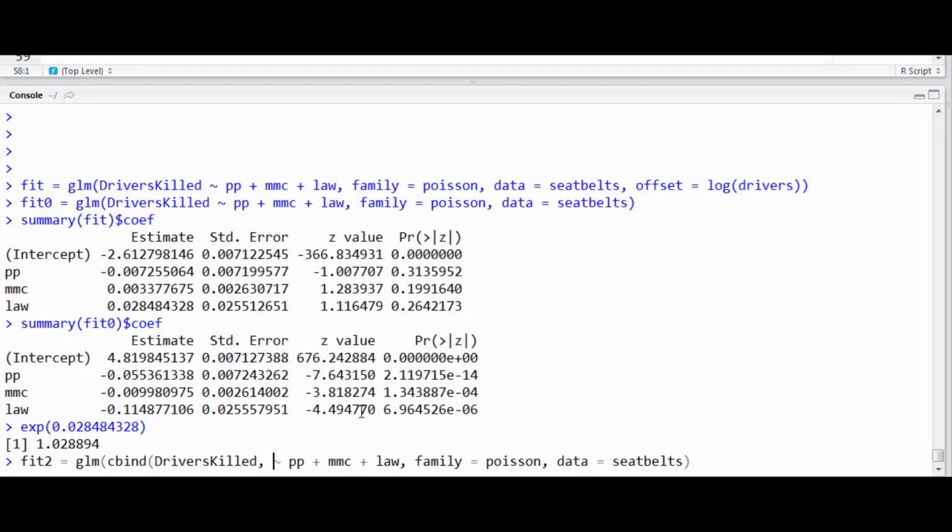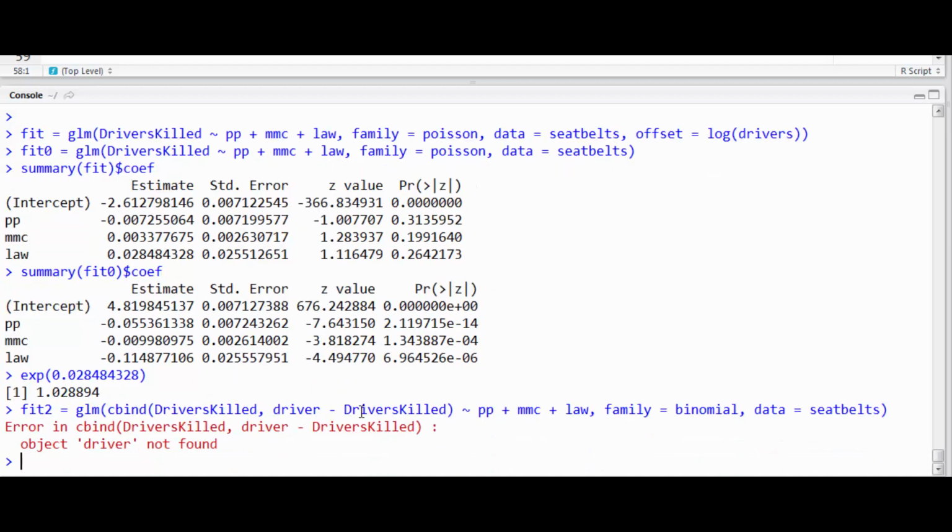So drivers killed, and we want drivers minus drivers killed, and then family equals binomial. So now this is also looking at drivers killed as a proportion of drivers killed or seriously injured. Okay, it's not driver, it's drivers.